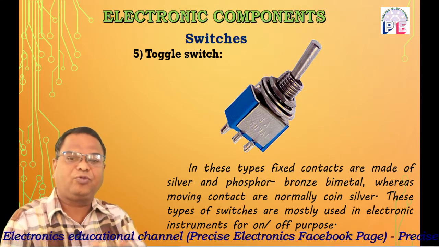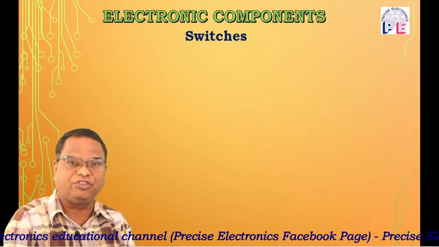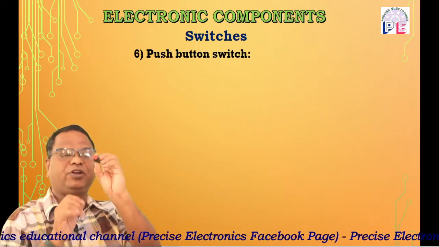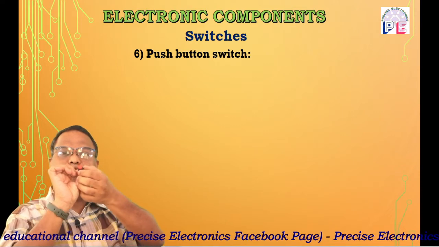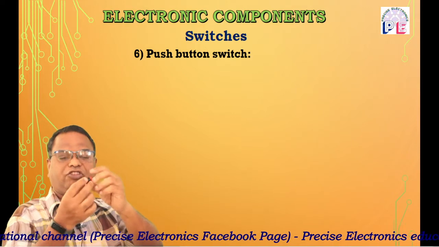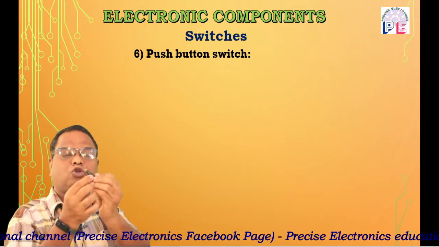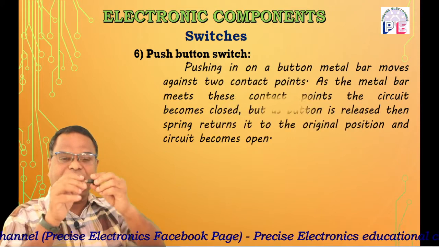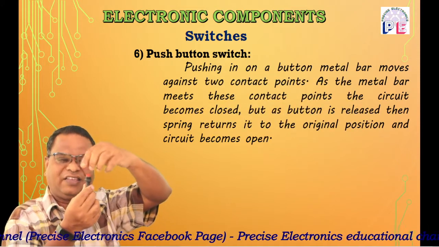The next type of switch is the push button switch. This is the push button. This is a lever. These are the contacts. In this push button switch, there are two metal leads, one iron disc and a spring.